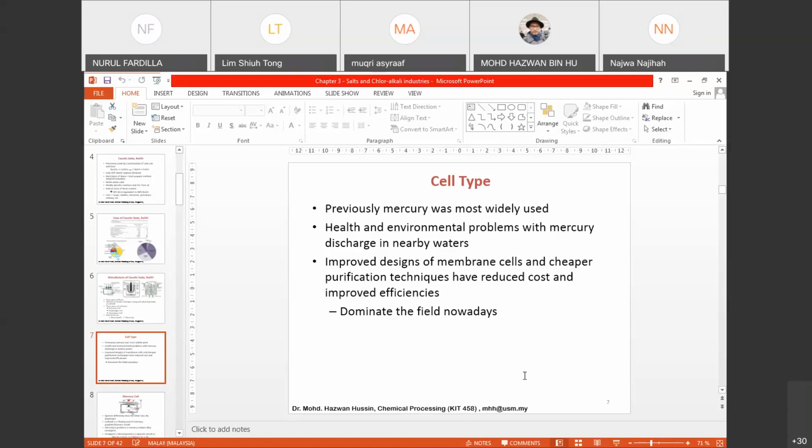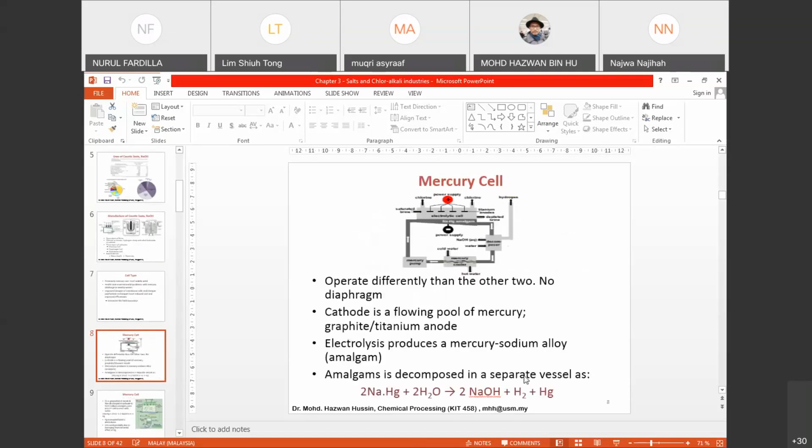So this is the preferred cell used for the electrolysis of brine. The method that uses mercury is known as the mercury cell. This is the first method that is normally used.